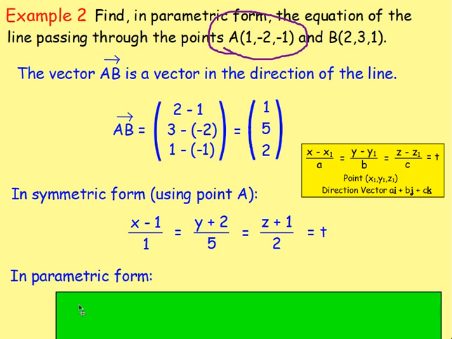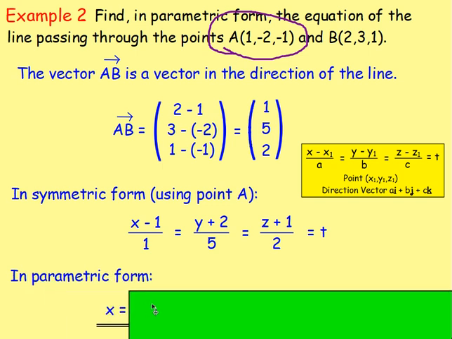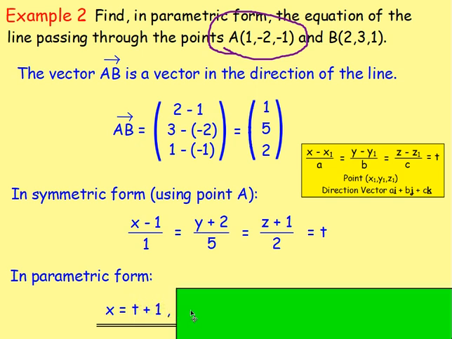We are asked for a parametric, so we need to rewrite it in the form of x equals, y equals, and z equals. So take just the x take away 1 over 1 equals t. Multiply both sides by 1, and you'd have x take away 1 equals t. Add 1 to both sides and you'd have x equals t plus 1. To get y on its own, well, y add 2 over 5 is equal to t.